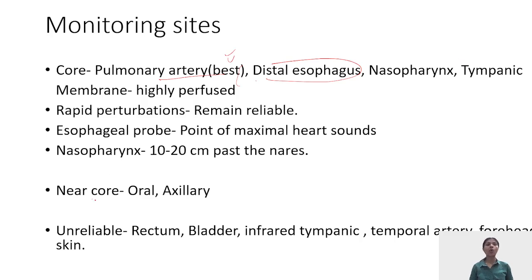The near core body temperature is from the sites that you regularly use, your oral and your axillary site. And some sites are quite unreliable: your rectal temperature, the bladder temperature, the temporal artery, or the forehead temperature. They are highly unreliable sites for monitoring of temperature.